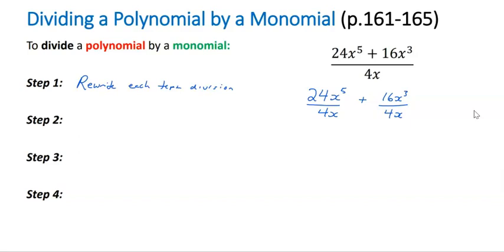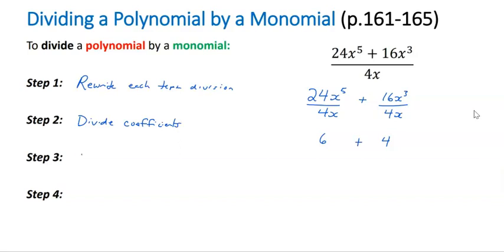Step 2, we divide our coefficients. So we do 24 divided by 4 for our first term, which is 6, and 16 divided by 4 for our second term, which is 4.